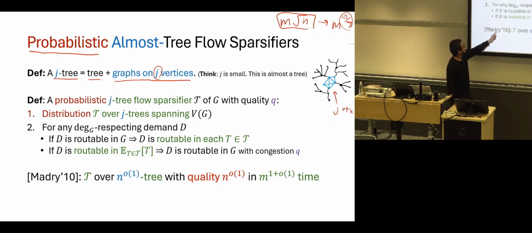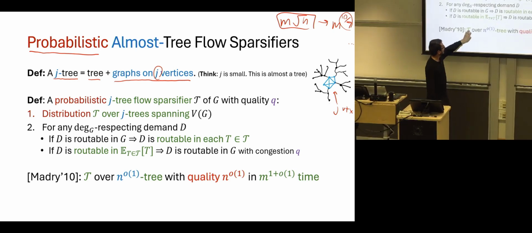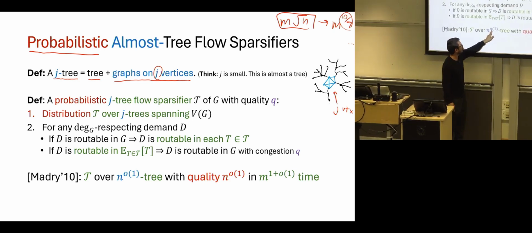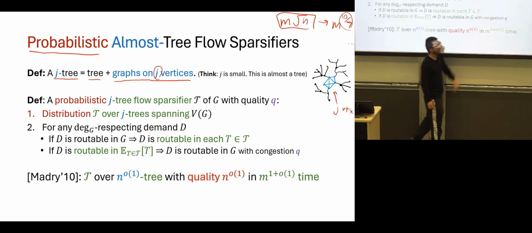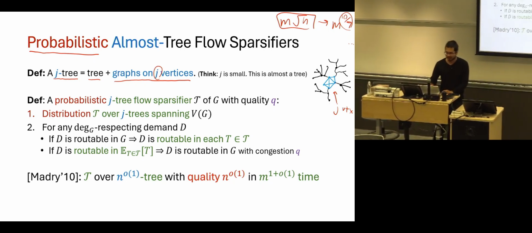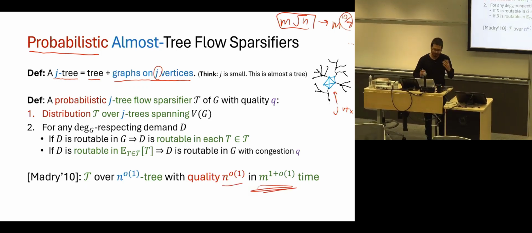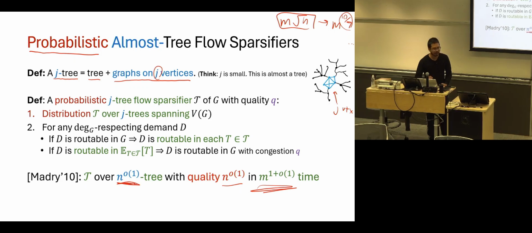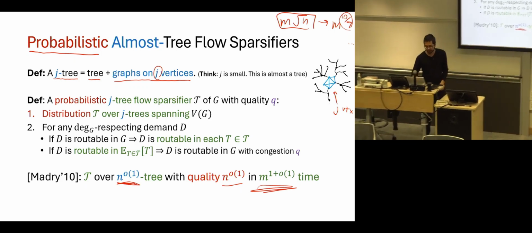Anyway, so he shows how to get this distribution of n to the little 1 trees with quality n to the little 1 in almost linear time. So the point of this work is that it's fast. Okay? So the quality is much worse. It's n to the little 1, still better than any polynomial. This is also not so big, yeah, but it's fast.